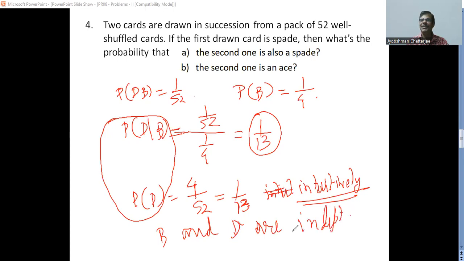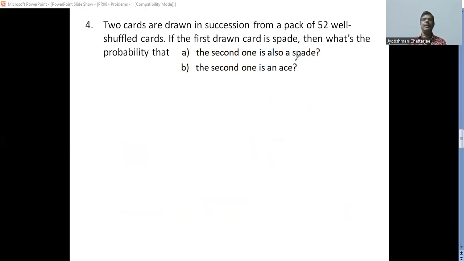That's a nice thing. So this observation comes out. Now, these two problems are taken care of.